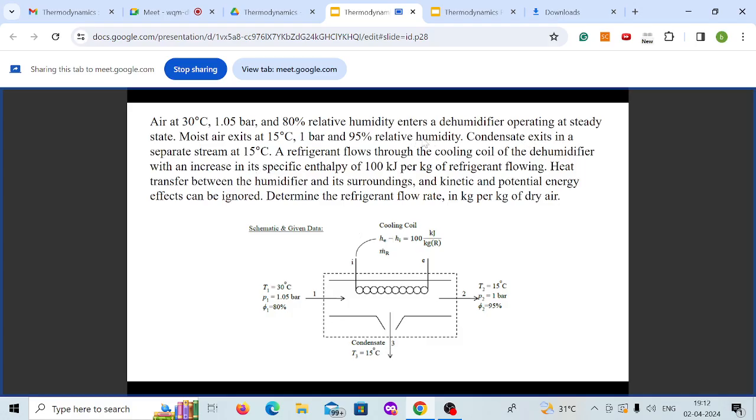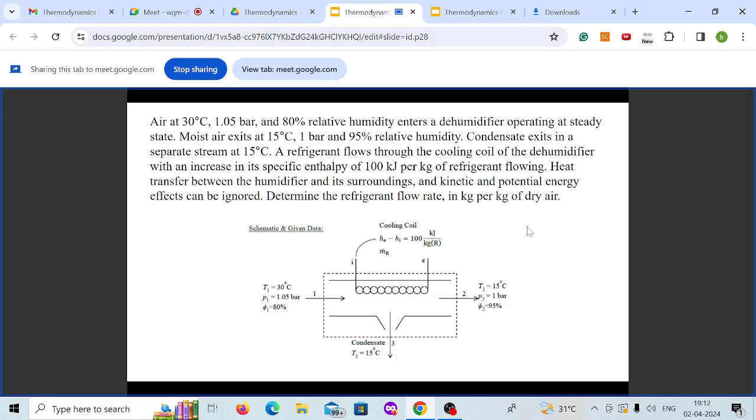A refrigerant flows through the cooling coil of the dehumidifier with an increase in its specific enthalpy of 100 kJ per kg of refrigerant flowing. Heat transfer between the dehumidifier and its surroundings and kinetic and potential energy effects can be ignored. Determine the refrigerant flow rate in kg per kg of dry air.